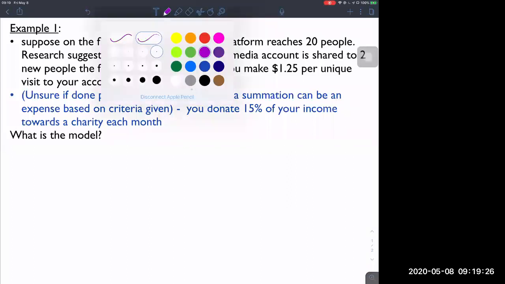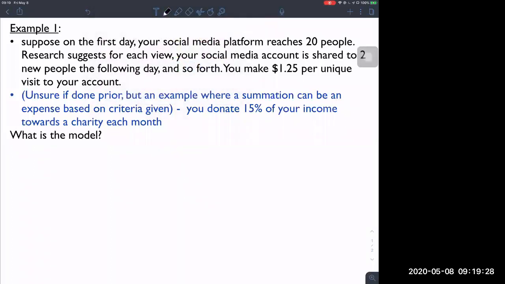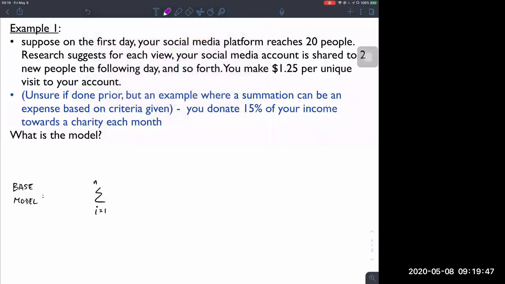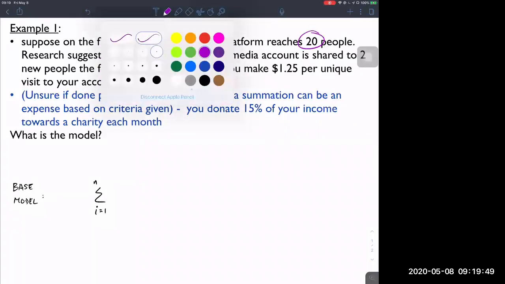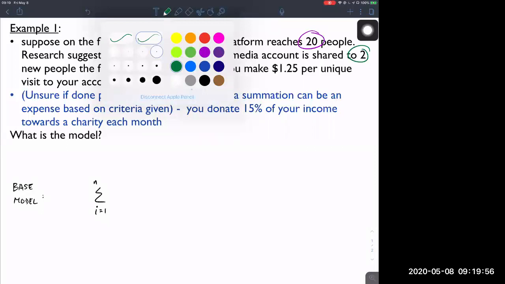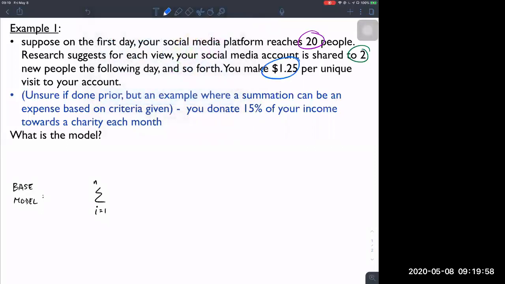If you know that the summation will start as so, base model, with the whole summation, i equals 1 to n of the three numbers, which I'll color code here: 20, let's go green for 2, and light blue for $1.25.